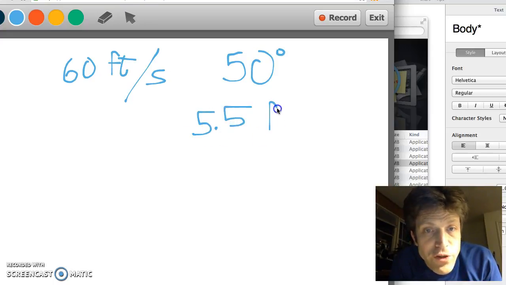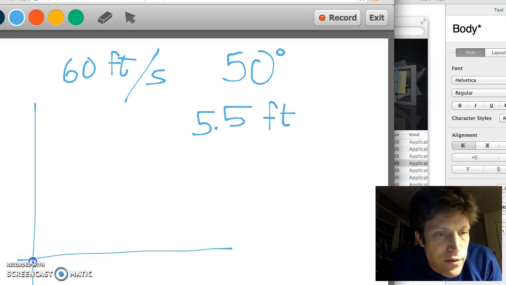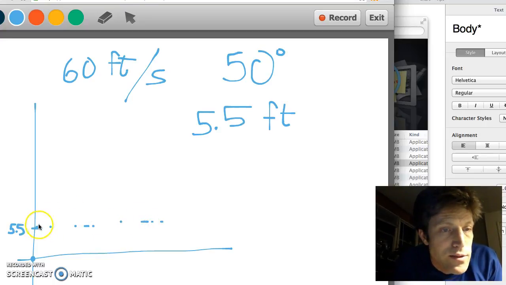So what are the parametric equations that show the xy of the ball? Imagine you're standing at 0, 0, but the ball's initial position is actually at 0, 5.5, because that's your initial height. You're throwing it at 50 degrees.